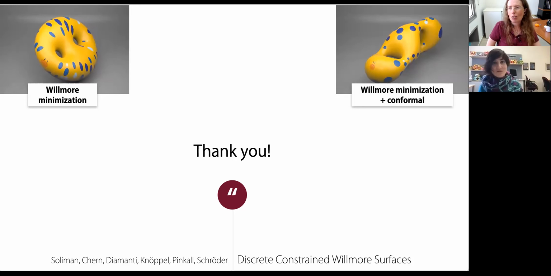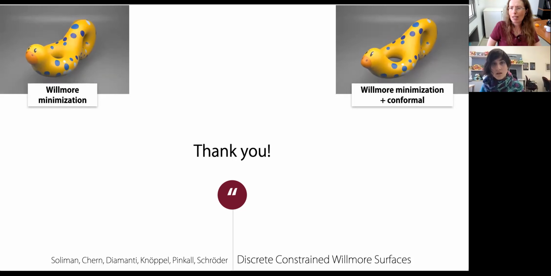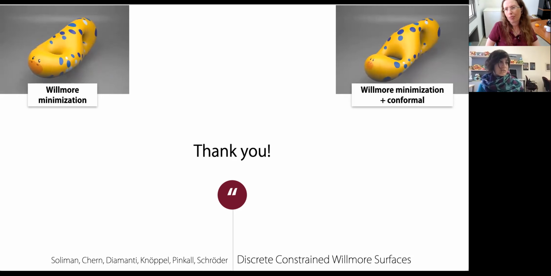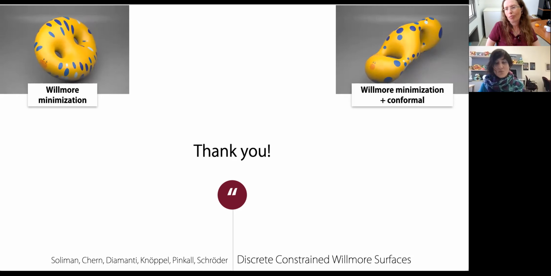But there are multiple embeddings, right? So do you have to add constraints, or which solution would you get for a specific selection of edge lengths? I mean, whatever the optimal Willmore, you would have to add some kind of energy that guides you, I guess.